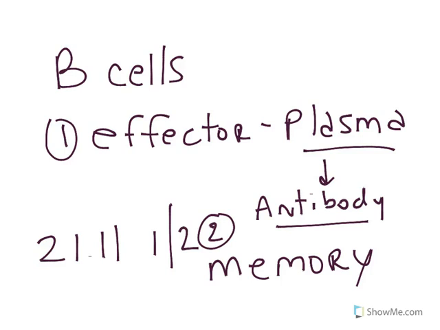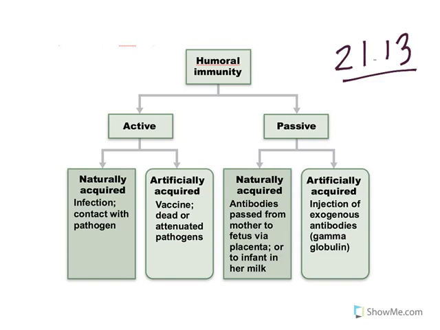Okay, so this brings us to active and passive humoral immunity. If you're still in your book, you can turn to figure 21.13, which is what we're looking at here. Humoral immunity, active and passive. So with these two branches of immunity, we have two types of active humoral immunity.